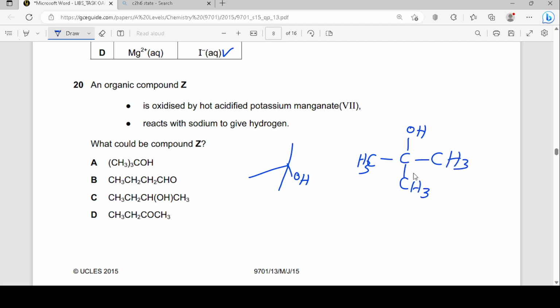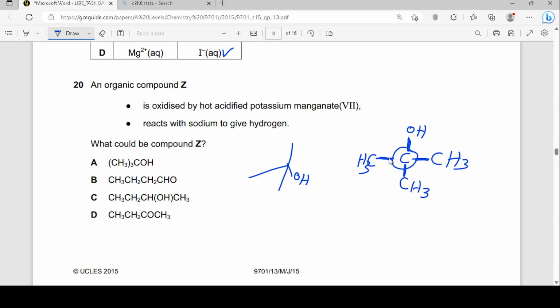So yeah. Anyways, is it oxidized by hot acidified potassium manganate 7? If you look at this, this carbon is a tertiary carbon, right? Like it has three alkyl groups attached to it. If it has three R groups, it cannot be oxidized, because where will the oxygen be added? You cannot replace any hydrogen.